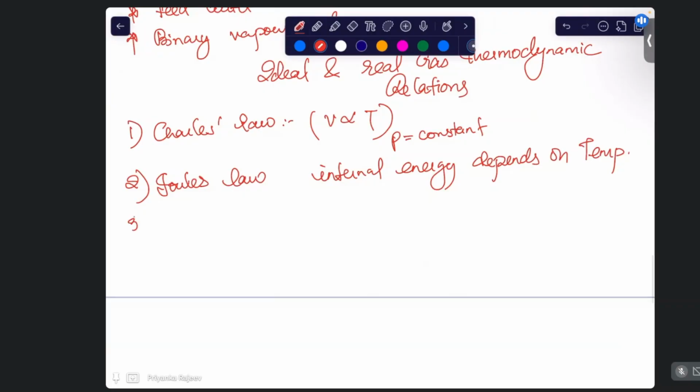Then there is something called Reynolds law. That means Cp and Cv of a gas remain constant.